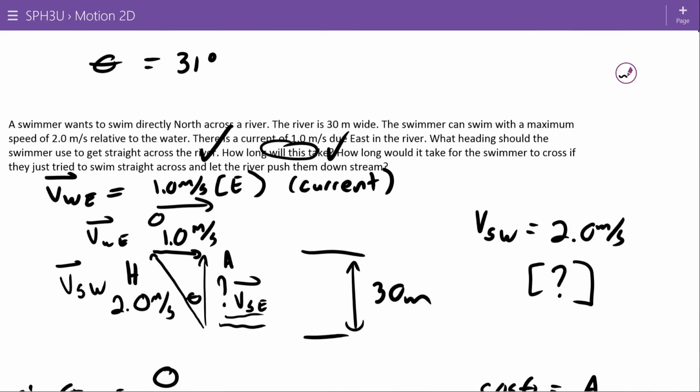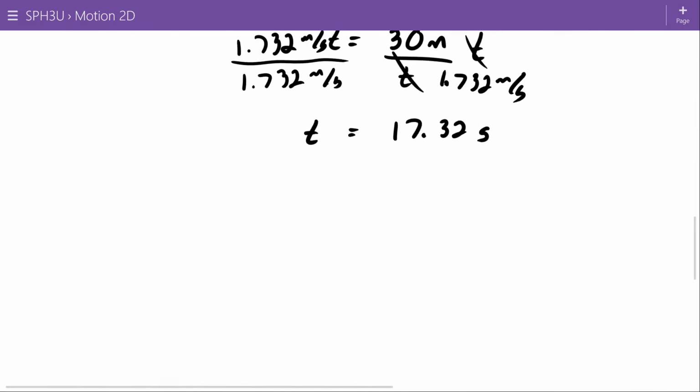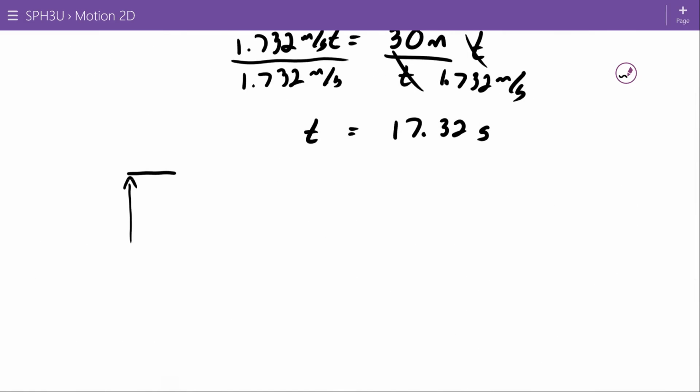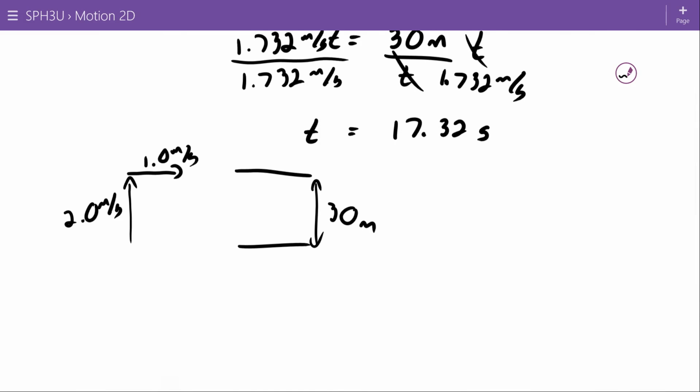Now the last question says, how long would it take if you just swam straight across and let the river push you downstream? What that means then is that you're going to direct yourself straight up and let the river push you downstream a little bit. What's going on in this problem is that the river itself is still only 30 meters wide.